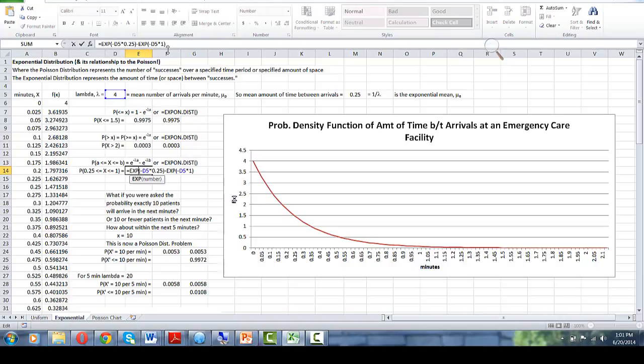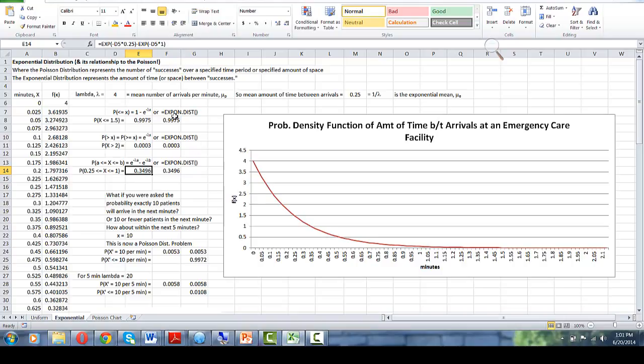Okay, and so that's 0.3496. Okay, so the probability that between 15 seconds and 1 minute will lapse before the next arrival is about 0.35.